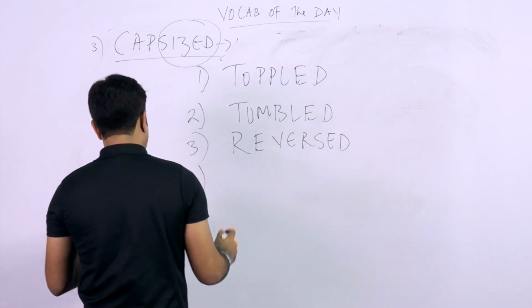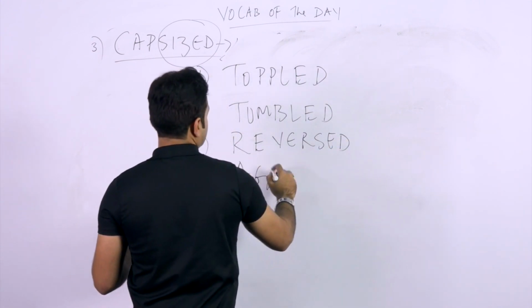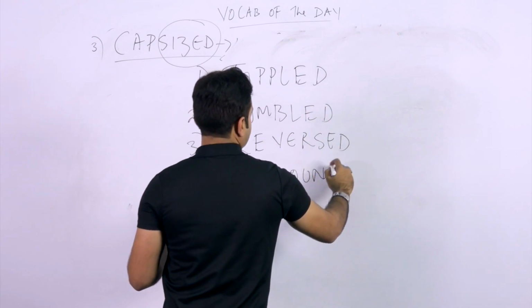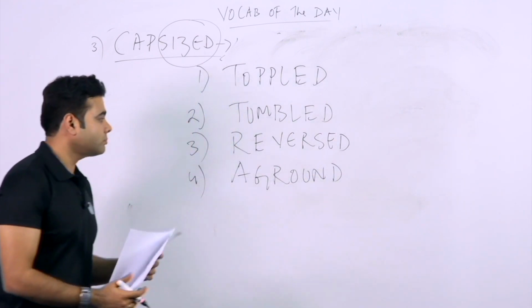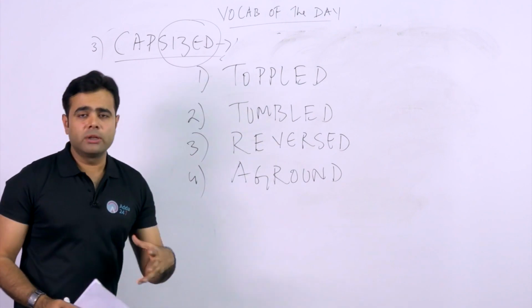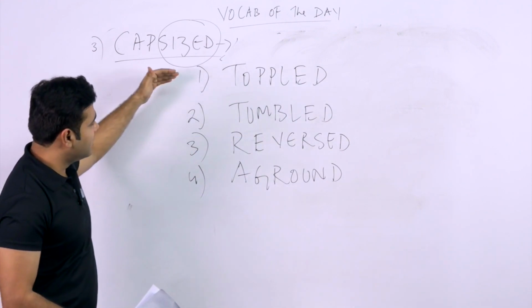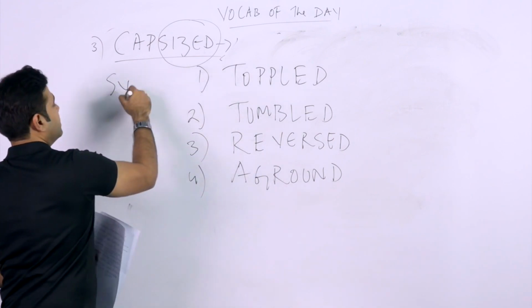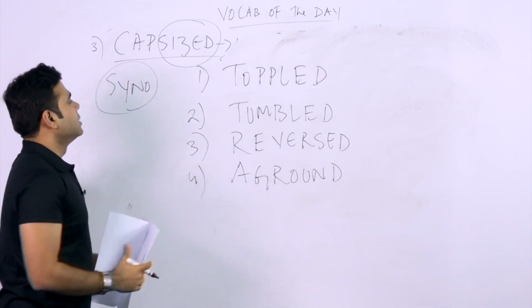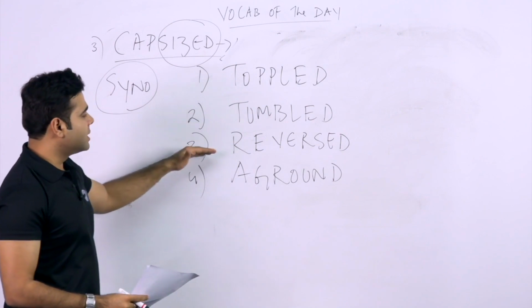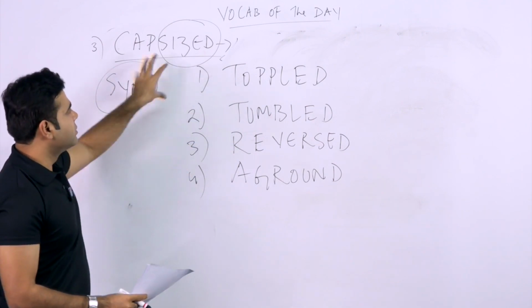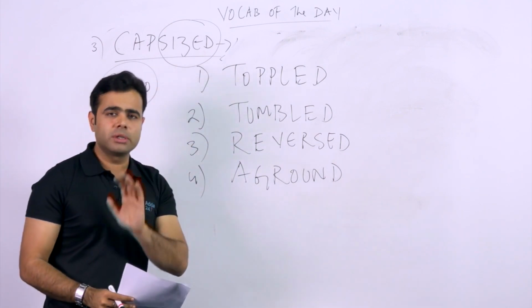The fourth word which I have taken is aground. Now students, it's a nice word. I expect you to take it down or make a note anywhere you want. Students, the word capsized has these synonyms. I have written the word synonym here. So toppled, tumbled, reversed, aground are the synonyms to the word capsized, and I hope you have understood the meaning of capsized.